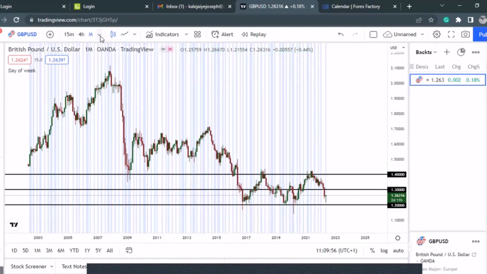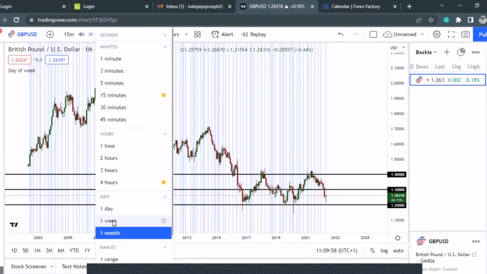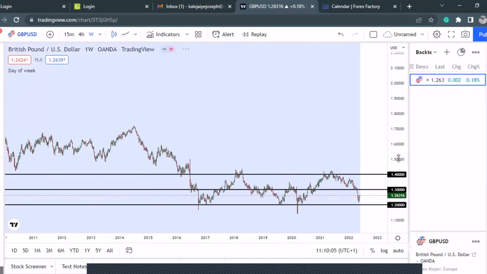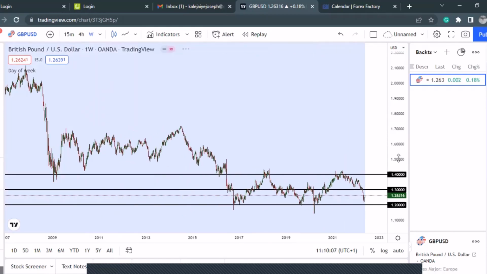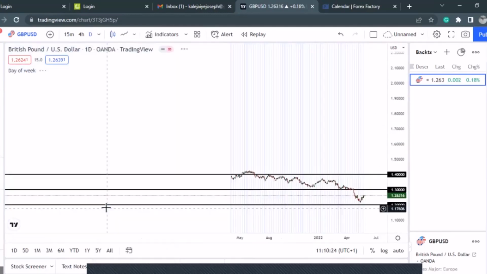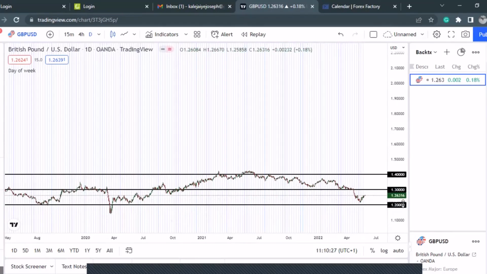Let's go lower, to the weekly time frame, and see how this works. Good. You can see that these are naturally sitting as support and resistance. They just work perfectly, holding up well on their own. Let's go to the daily time frame. You can see the same thing here.